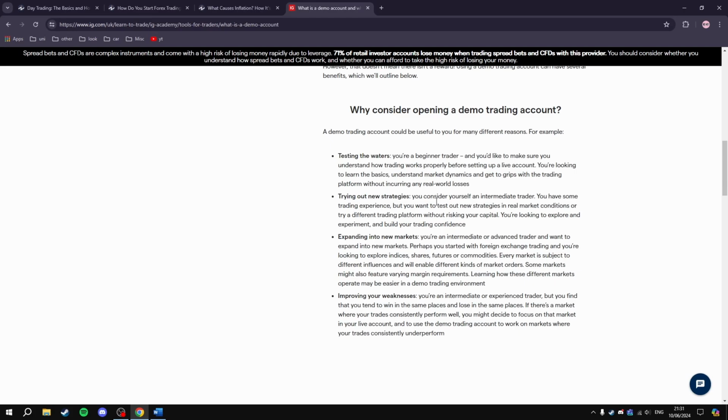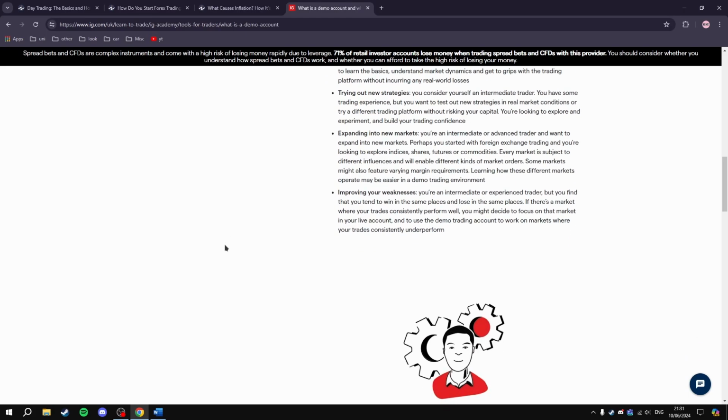Or whether you're an intermediate or advanced trader who wants to expand into new markets. So perhaps you started with trading Forex and now you're looking to trade some indices, shares, futures or commodities. You could use a demo account to test the environment there. And you could also use a demo account to improve your weaknesses.